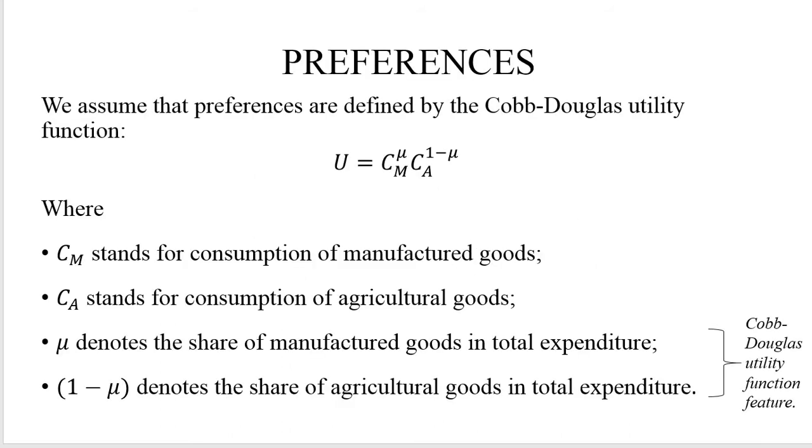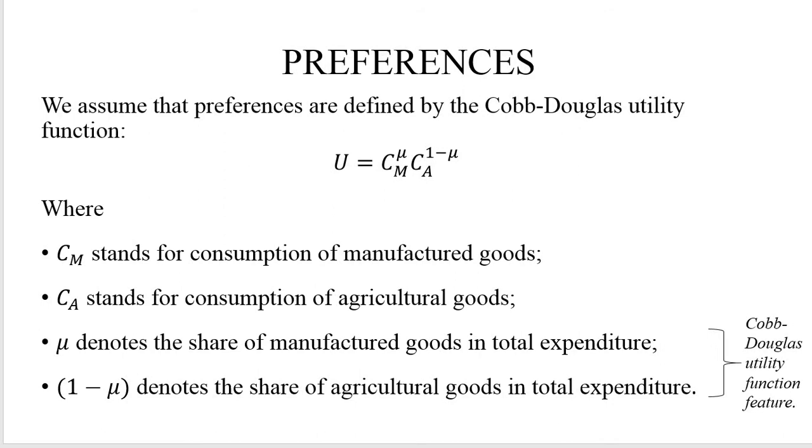So we start with assumption about preferences, and we assume that preferences in two regions are symmetric and that they are defined by Cobb-Douglas utility function, where CM stands for consumption of manufactured goods, CA stands for consumption of agricultural goods, mu denotes the share of manufactured goods in total expenditure, and 1 minus mu denotes the share of agricultural goods in total expenditure.